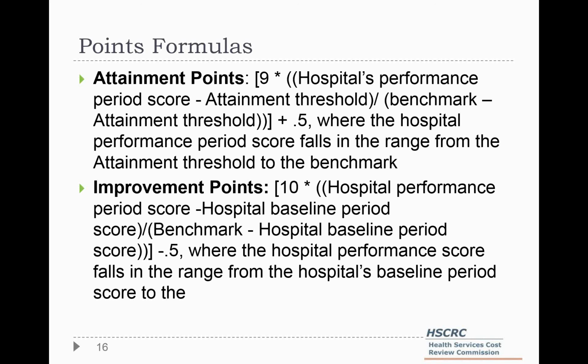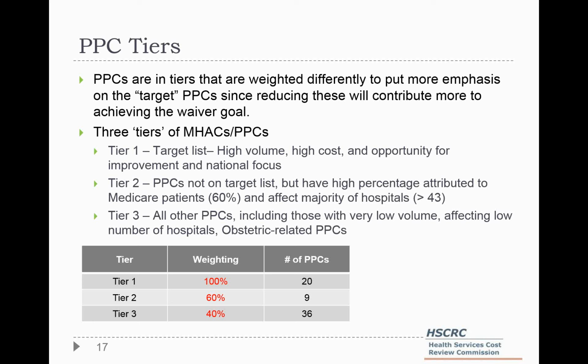All right. I'm going to continue here. Okay. So as I mentioned earlier in the guiding principles, the new MHAC methodology wanted to have a way to weight PPCs differently, so more emphasis could be put on what we're calling target PPCs, since reducing these target PPCs will contribute more to achieving the waiver goal. So there are 3 PPC tiers.